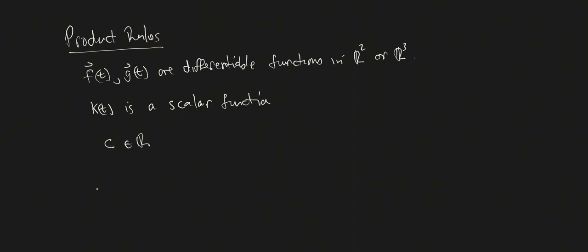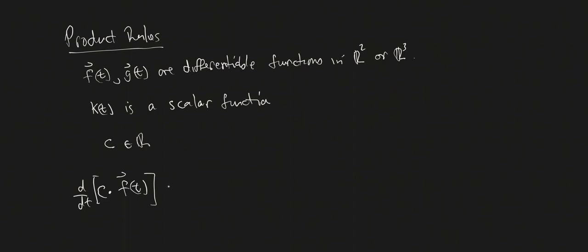So I could take c and multiply that vector function. That is one version of a product, like your scalar multiplication. And the question is, what happens if I take the derivative of a constant times a vector?